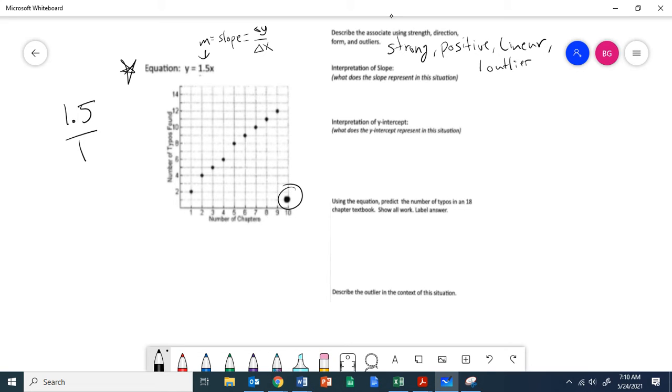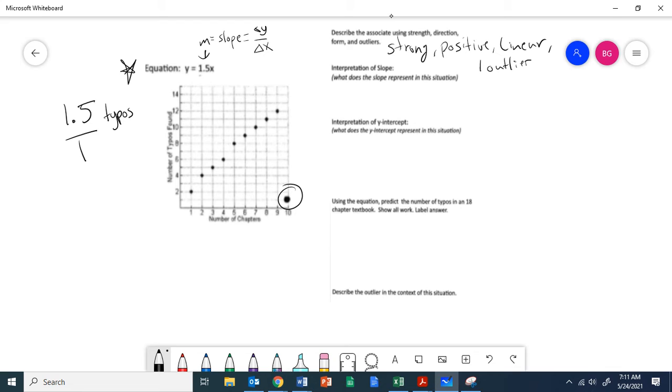The units for our change in y is number of typos found, so 1.5 typos, divided by 1 of our x, which is number of chapters.